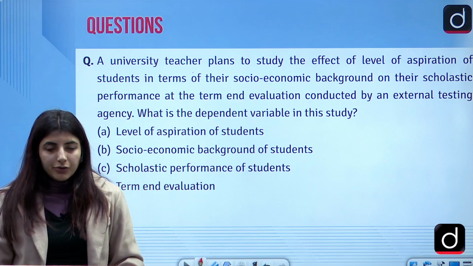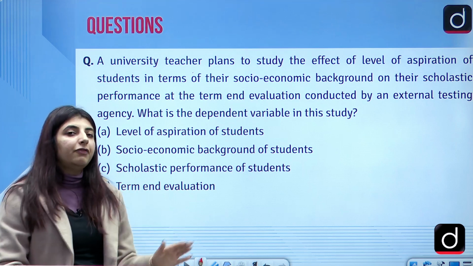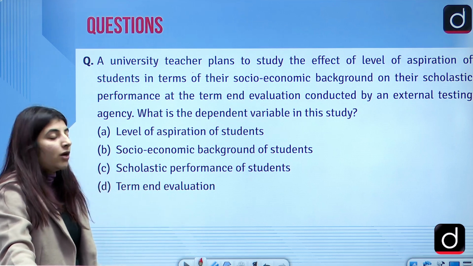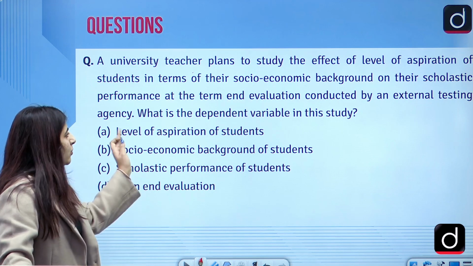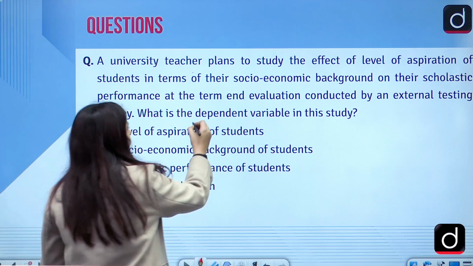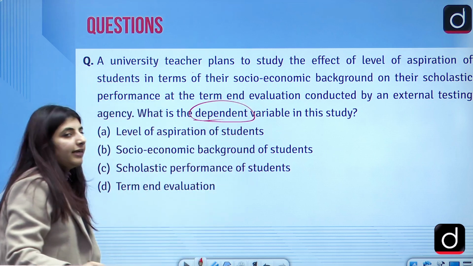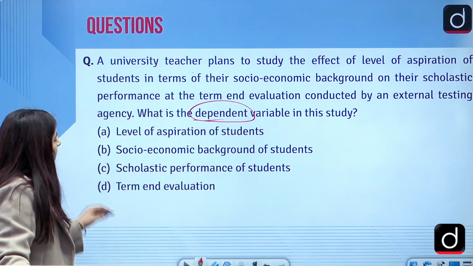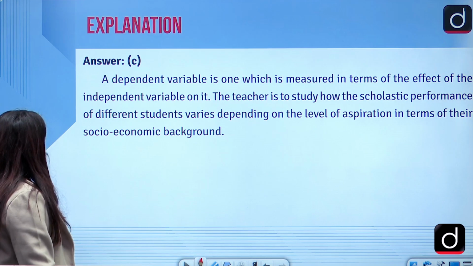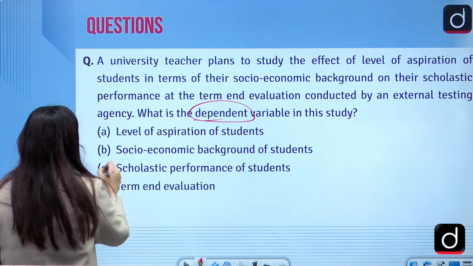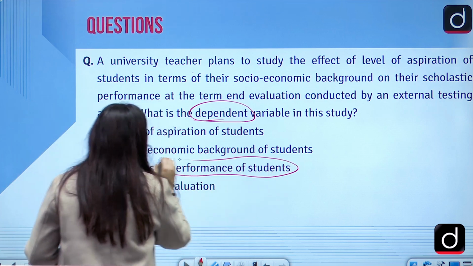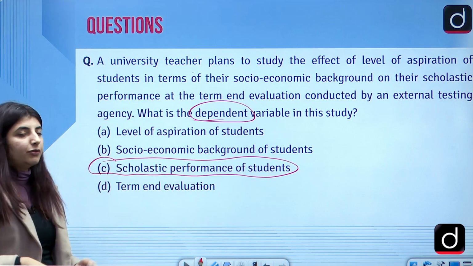Do not get confused. We can break this question down. But first of all, you try to answer me. What would be the answer here? Right? What is the dependent variable in the experiment or the study? The answer here is option C. Now let me just break down the question for you in 3 or 4 parts.